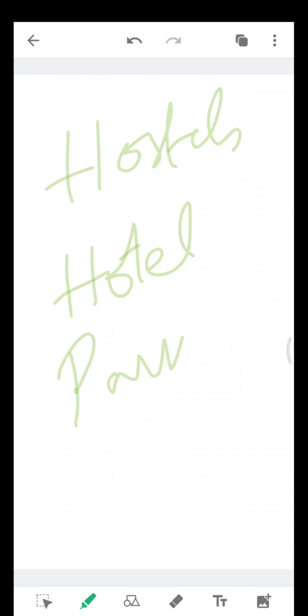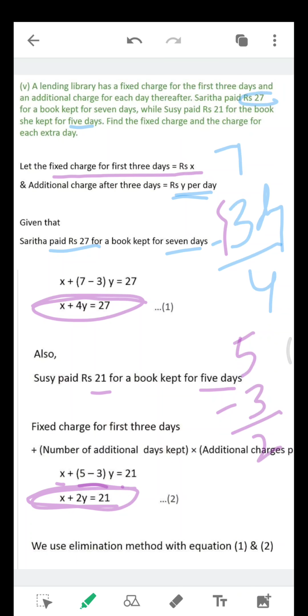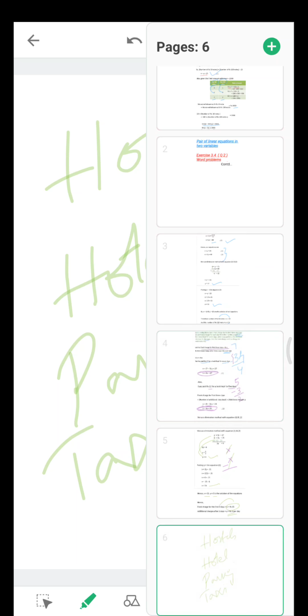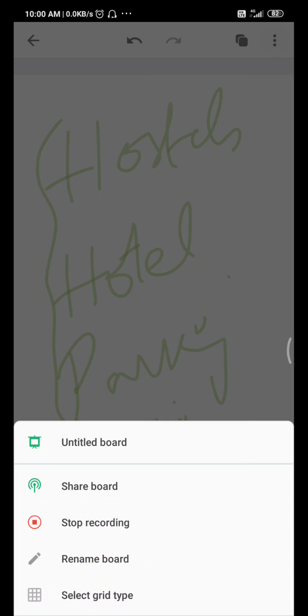I told you in 9th class, for parking also you'll have a fixed charge for 1 day or 24 hours. They'll have their own rules. Parking charges, taxi cab also. So don't think that this question can be asked only for a lending library. Don't be limited to library, it can be asked for anything like this. Hope the concept is clear to you all.